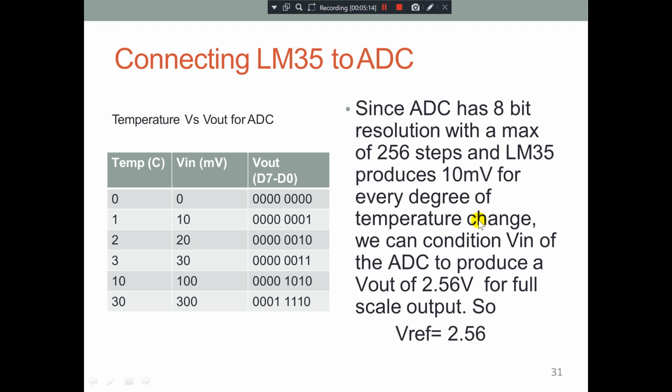That means for every degree of change, it produces 10 millivolts. We can condition the input voltage of the ADC to produce a Vout of 2.56 volts for full scale output. So Vref is equal to 2.56, the reference voltage will be 2.56. Okay, ready?